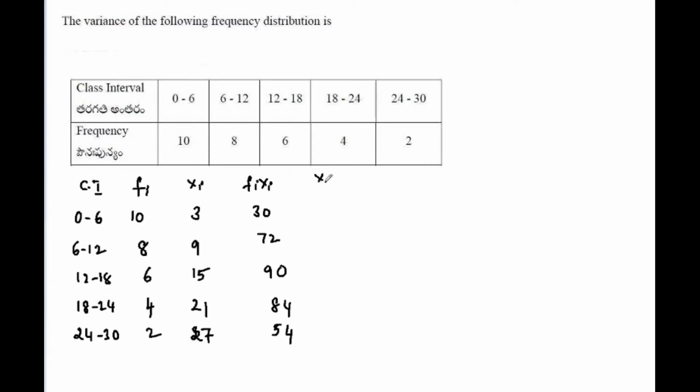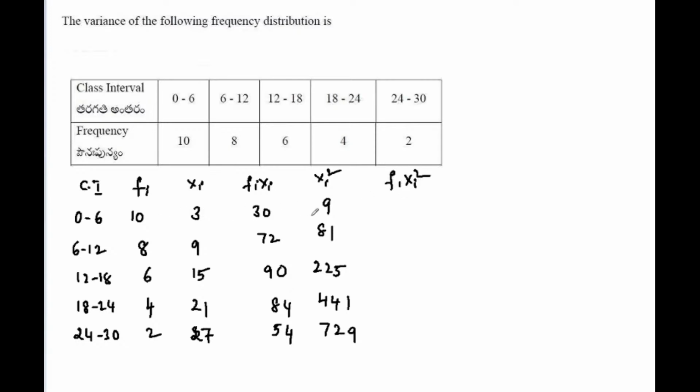Next you find the value of xi square. This is the xi. 3 square is 9, and 9 square 81, and 15 square 225, 21 square, that is 441, 27 square, that is 729. And find the value of fi into xi square.